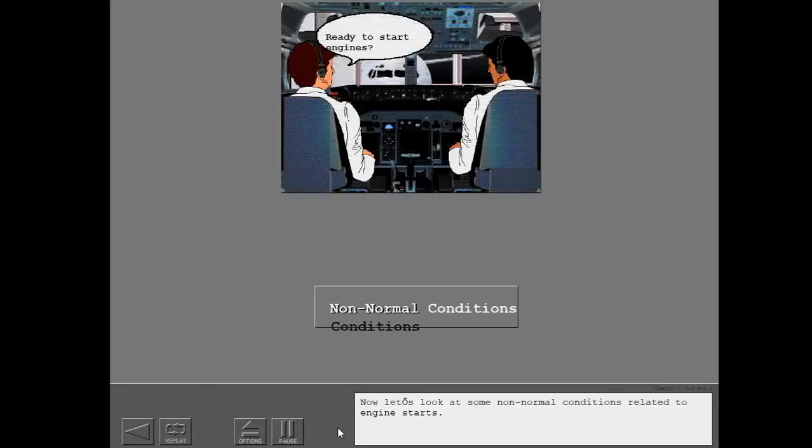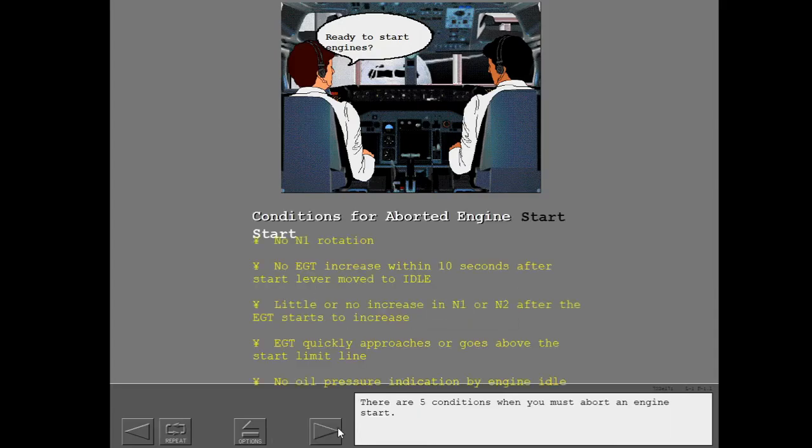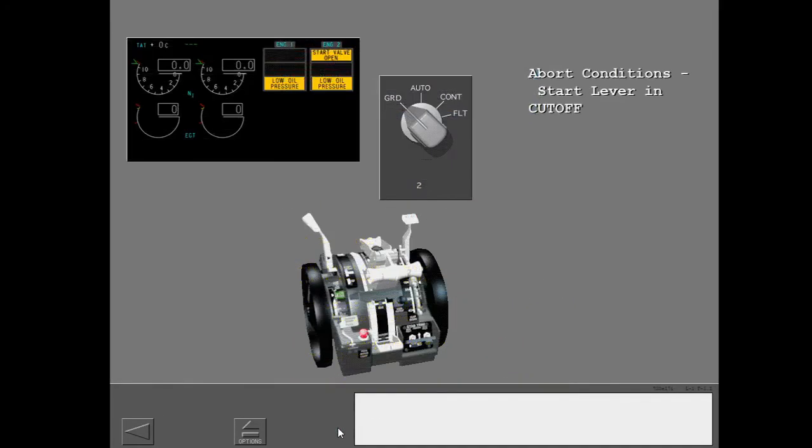Now let's look at some non-normal conditions related to engine starts. There are 5 conditions when you must abort an engine start. The first condition, no N1 rotation, occurs before the start lever is moved to idle. When this condition occurs, the engine start switch is moved to auto.